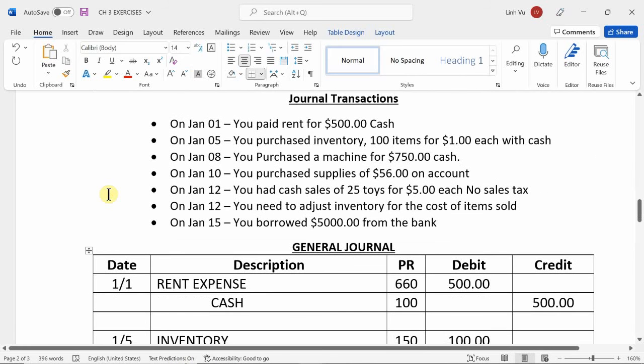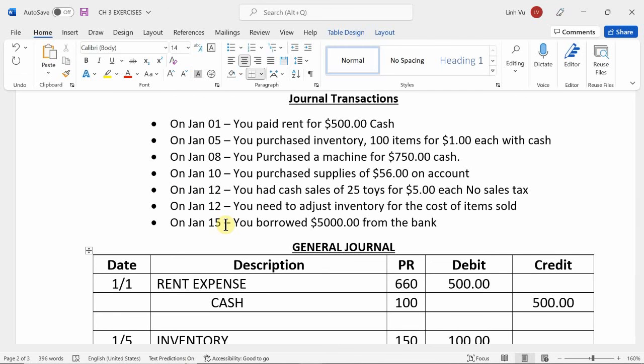All right. So then it is now January 12th. And you had cash sales of 25 toys for $5 each with no sales tax. Okay. So in this case, I sold some toys, okay, for $5 each. And they were cash sales.